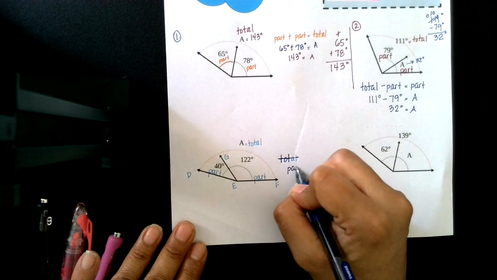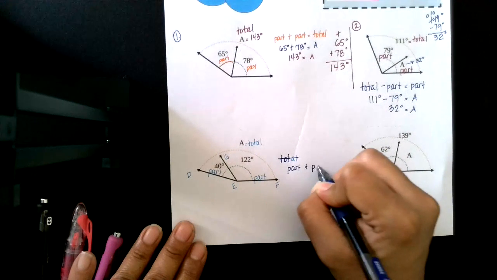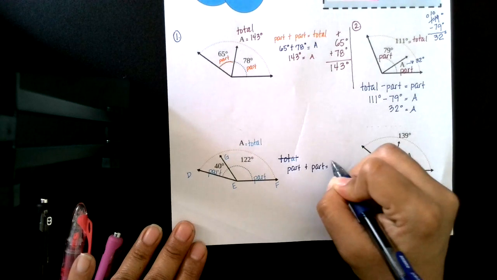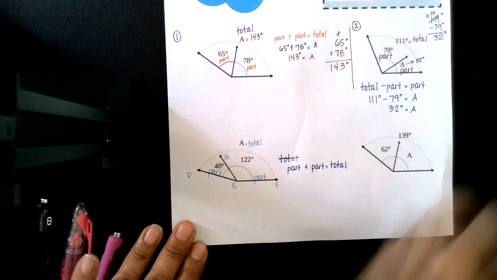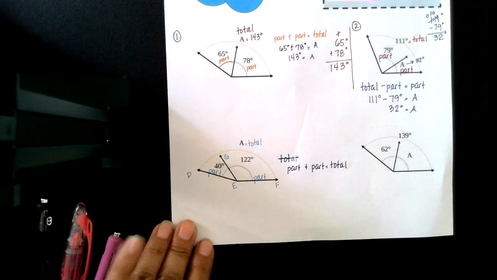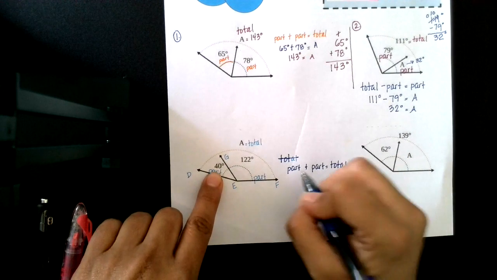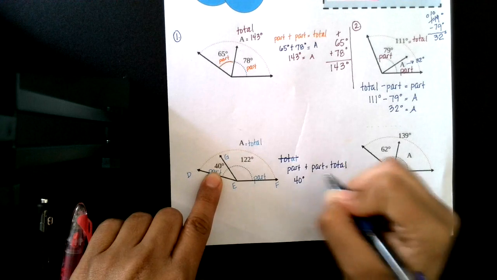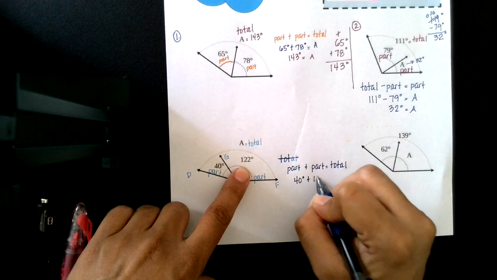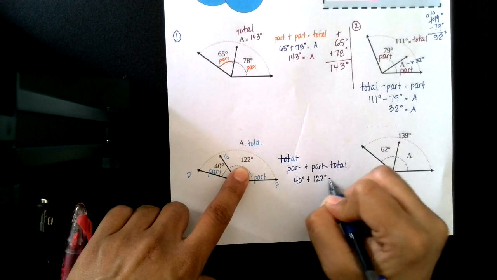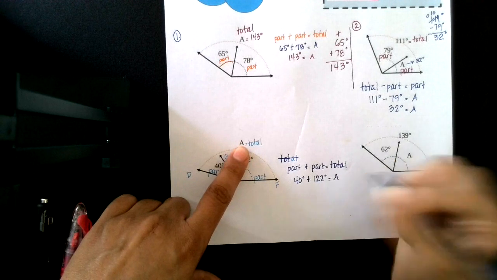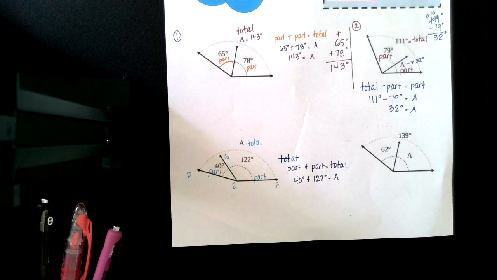Part plus part equals total. Okay, and then you just plug in what you know, what you have. 40 degrees plus 122 degrees. And again, the missing part, they labeled A.